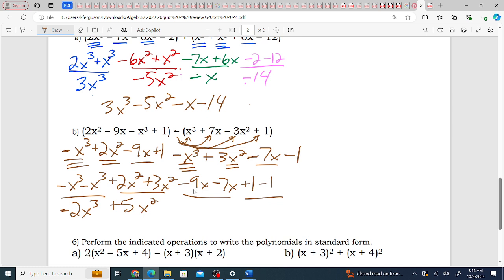Then right here, I got a negative 9x and a negative 7x. The signs are the same, so I add: negative 16x. I've got a positive 1 and a negative 1. That's 0. So that doesn't really get added on. So I got negative 2x to the third plus 5x squared minus 16x. And that's it.